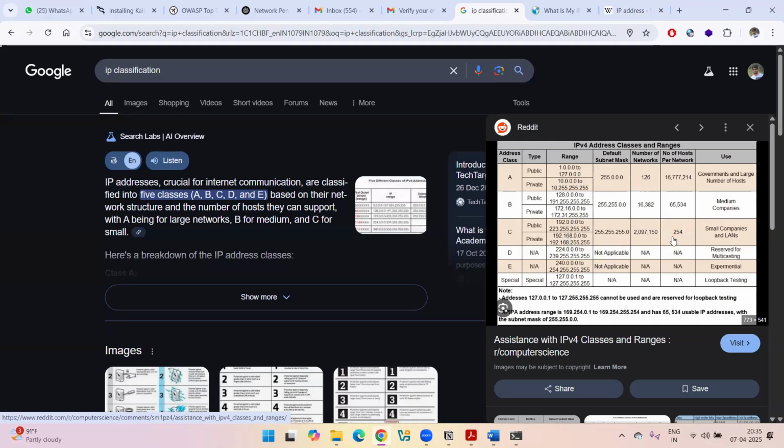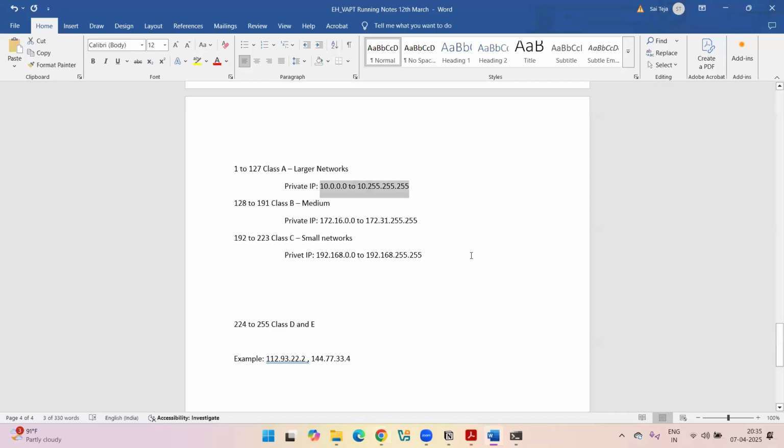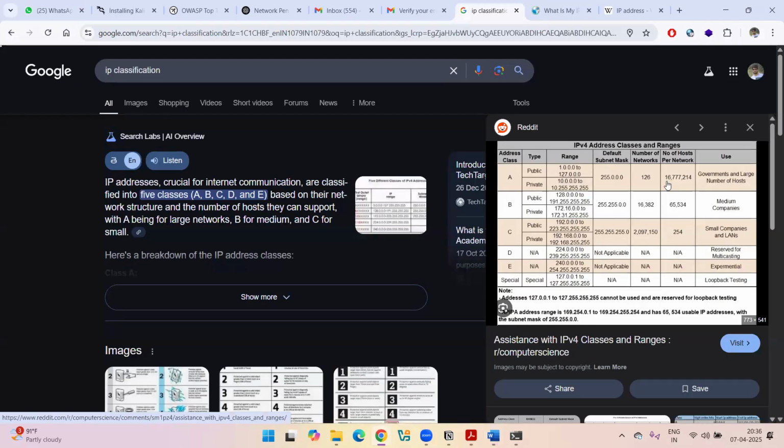Class C is 254, right? So we can connect a maximum of 254 systems in class C. Then here it is 65,534, and then here it is around 16 crore, about 16 million.